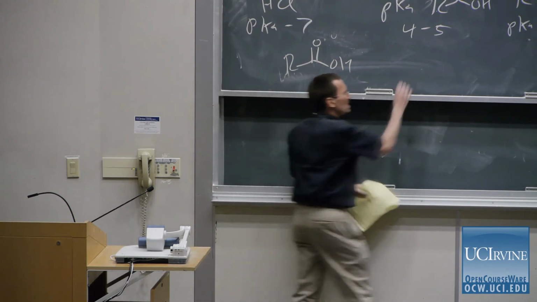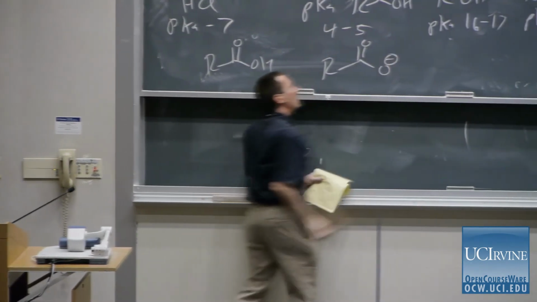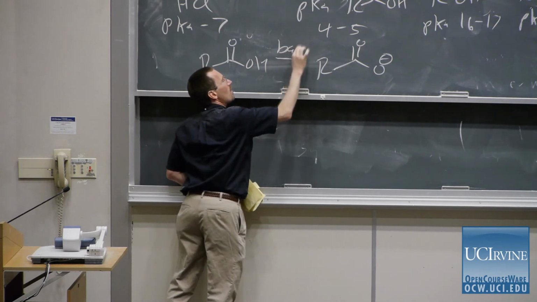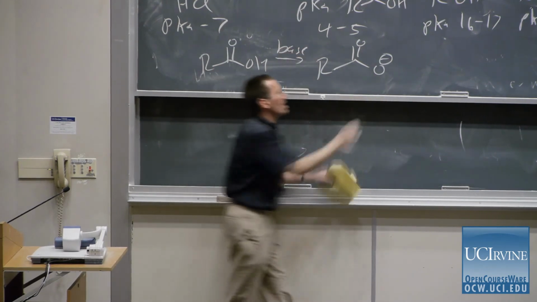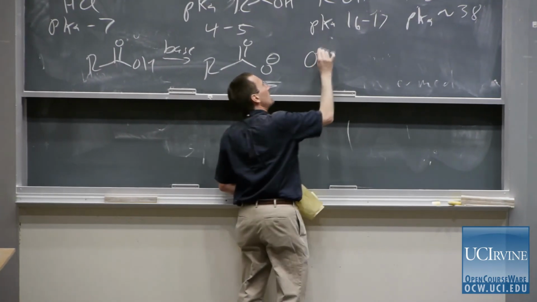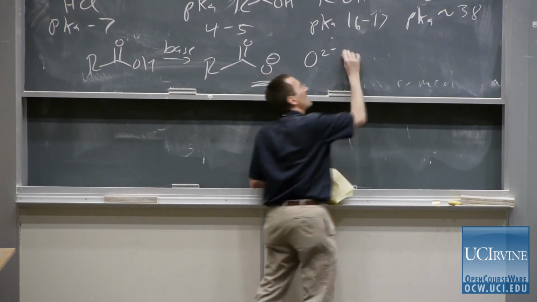But in the case of a base, often you will have a base deprotonating a carboxylic acid to give you a carboxylate, and since the carboxylic acid is acidic, you really have to think about O2 minus, which is just not a leaving group.